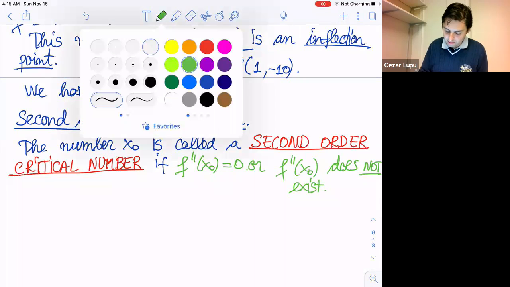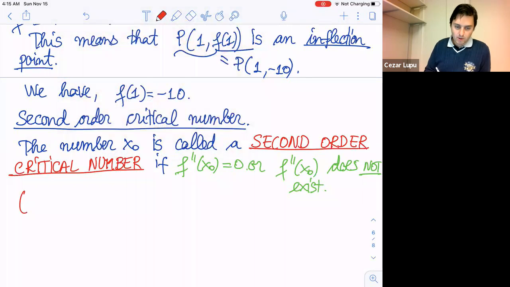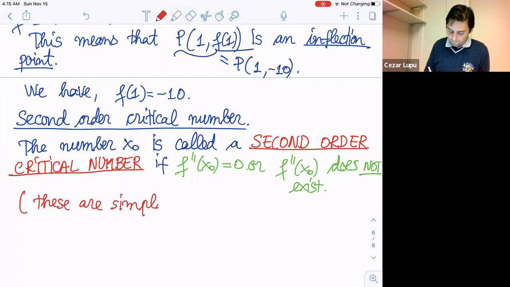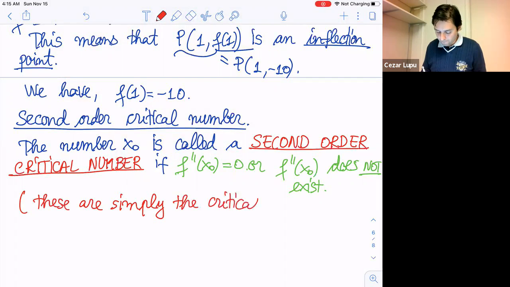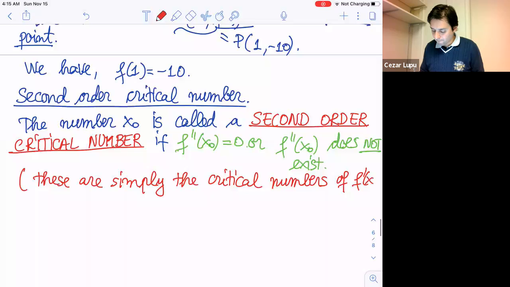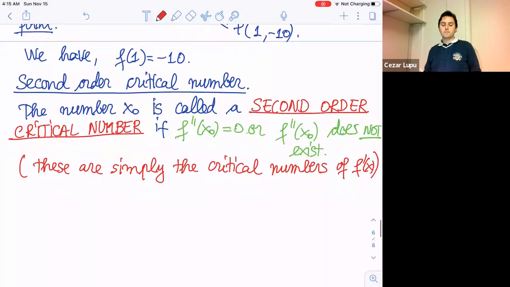So let's mention that. So these are simply the critical numbers of f prime of x.